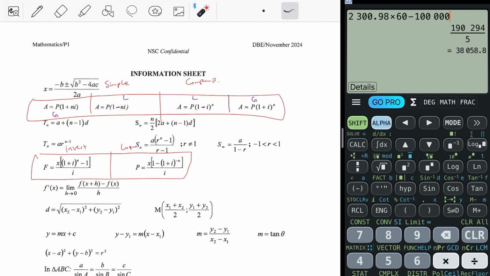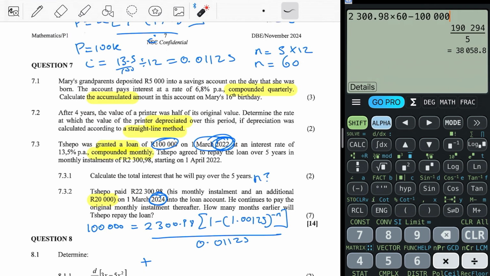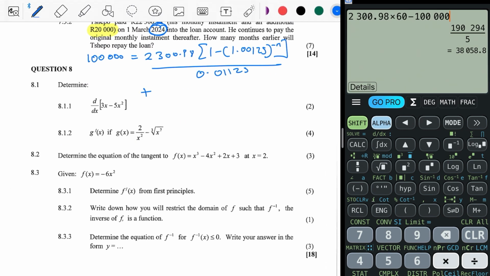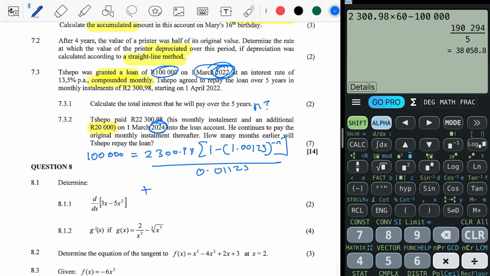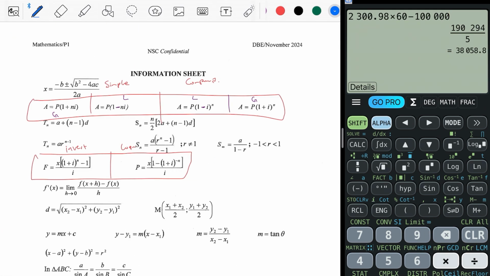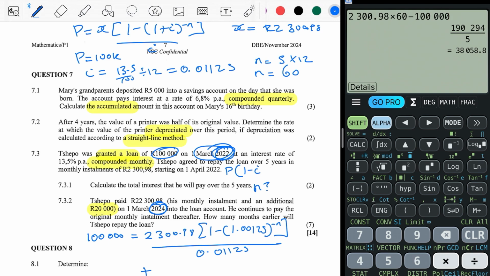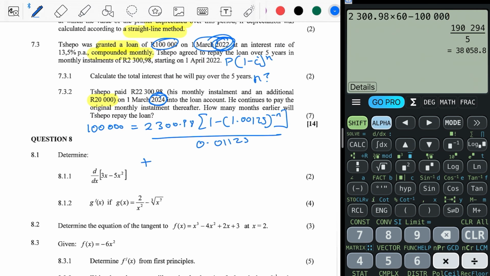This is how much after 2 years, which is n, 2 years, right? And he paid 20,000 and it's a loan. So we're going to use this formula here. Our additional formula is P times 1 minus i, power n.